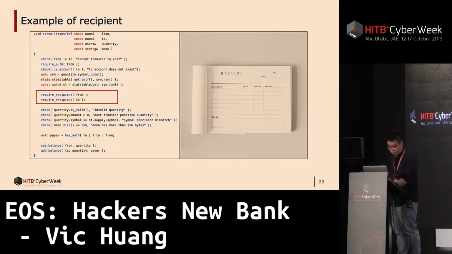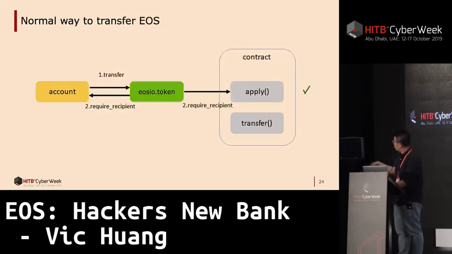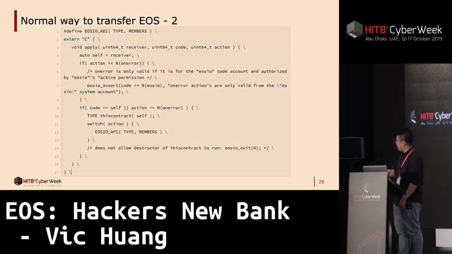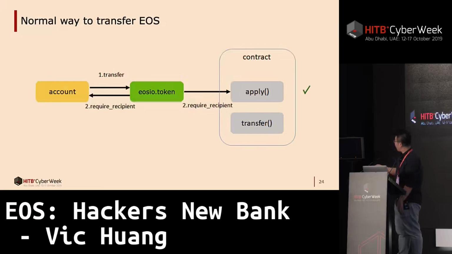So the flow is: the account sends a transfer to the EOS token contract, which is built on the mainnet. The EOS token will then send both sides the required recipient, like the receipt.